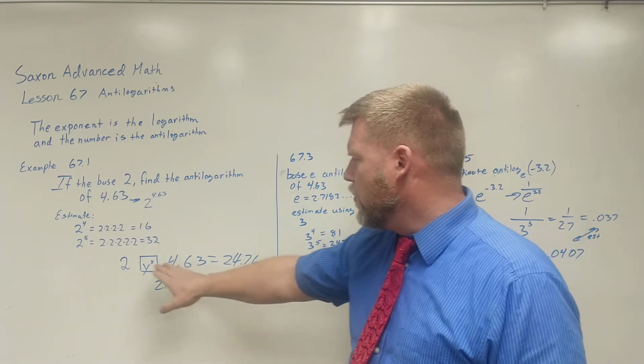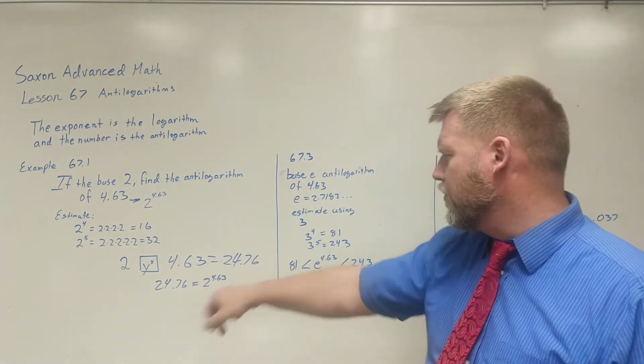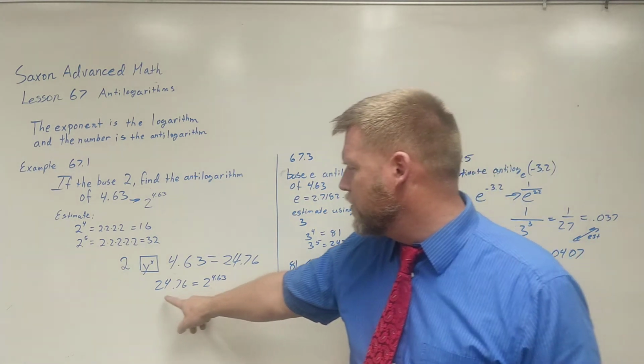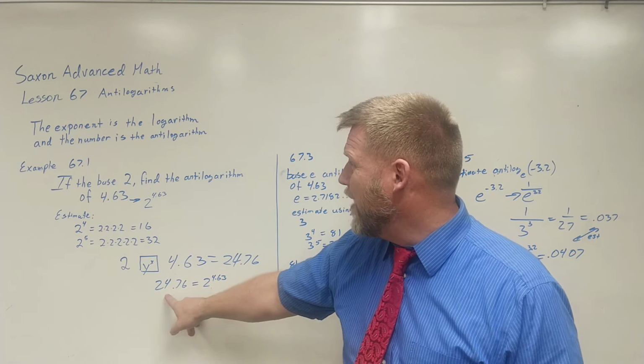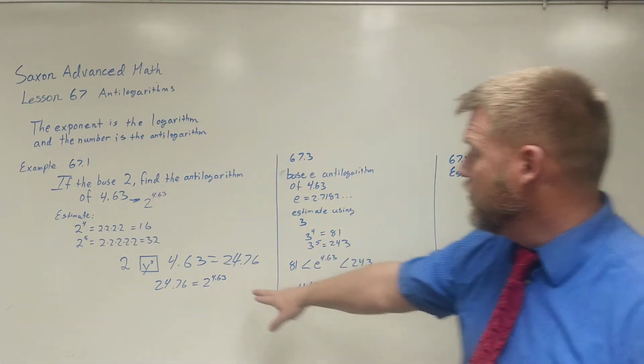It's hard to say. So if I do this correctly, 2, y to the x, 4.63, hit equals in the calculator, you get 24.76. So 2 to the 4.63 is 24.76. That means that is your number, and this is your antilogarithm.